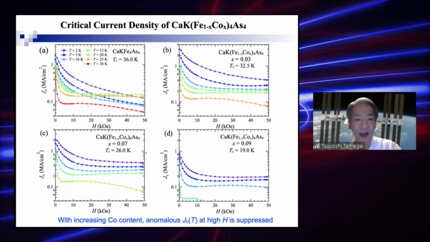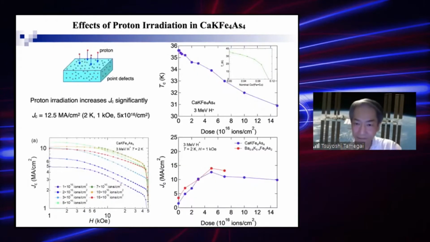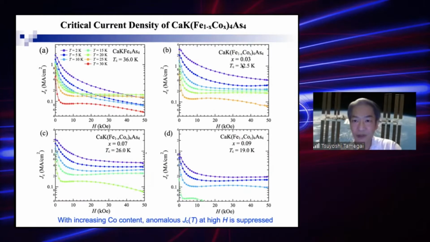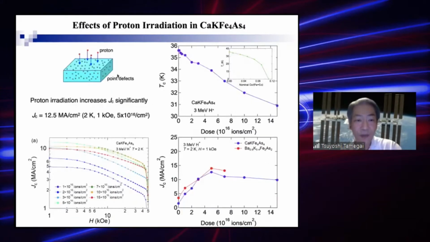Okay, so this is an overview of the cobalt concentration dependence: 3%, 7%, 9%. With cobalt concentration as small as 3%, all these anomalous temperature dependencies go away. And okay, then we also tried to compare the effect of this cobalt doping with proton irradiation.